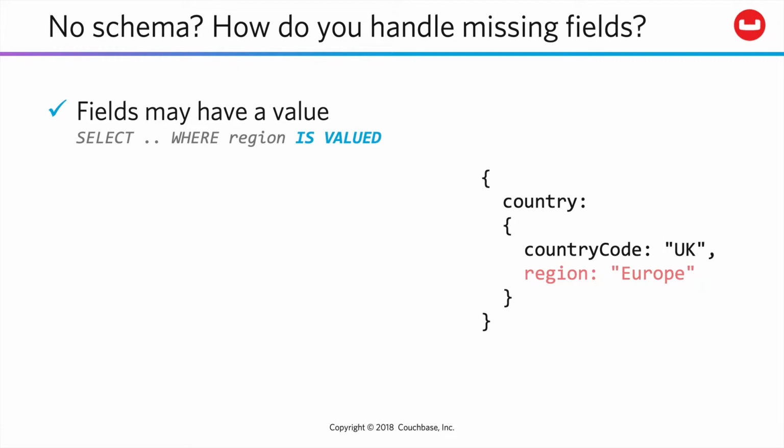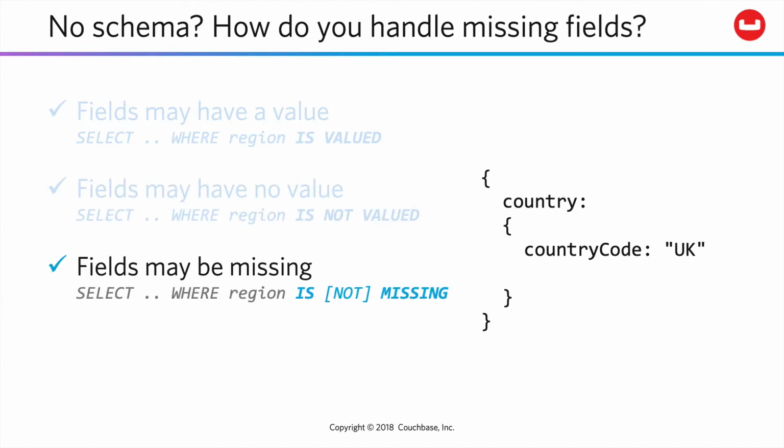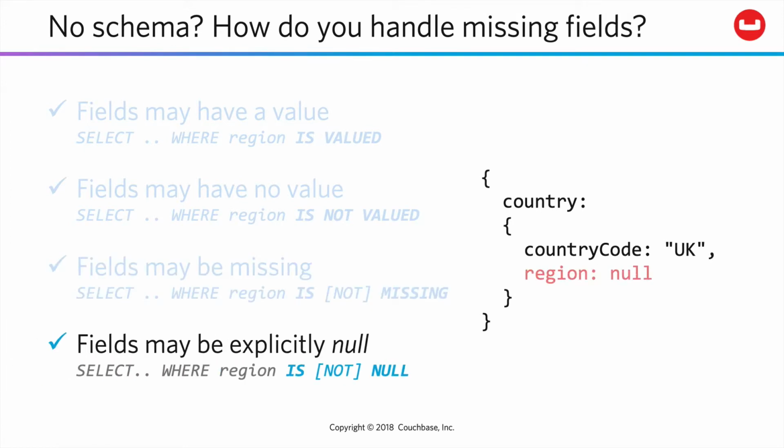So in a NQL query, any given field may have a value, or be physically present yet have no value. A field may physically exist or be missing, and a field may be explicitly null or not. Your data model can evolve however your object models require.